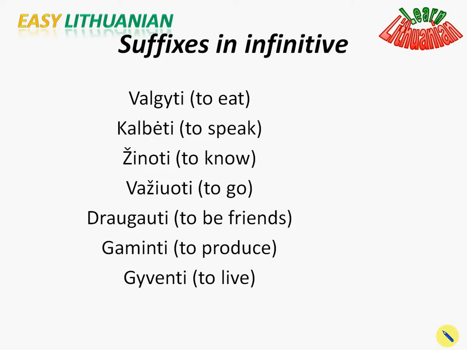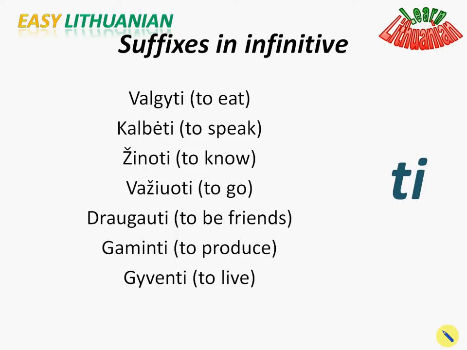Let's see these infinitives, and the first thing you should know is that all infinitives end in t, the suffix t. All infinitives have this suffix. The second thing you'll find out is that infinitives can have two or more suffixes. You see, for example, draugauti can seem a bit long to remember.